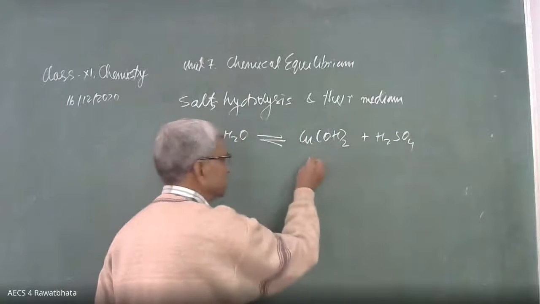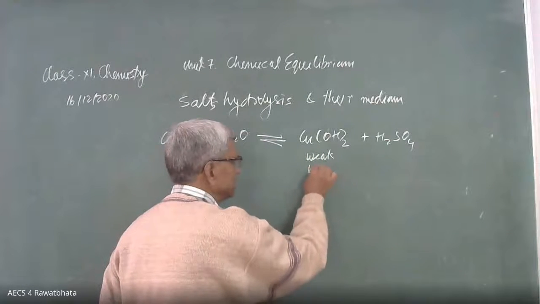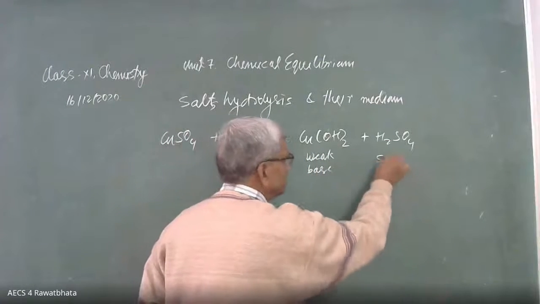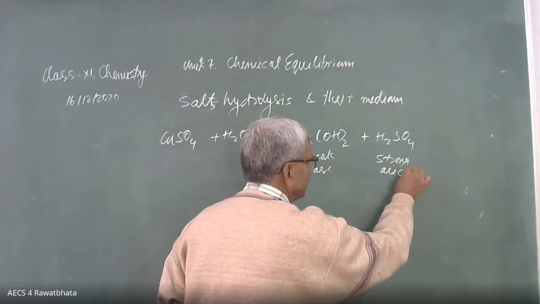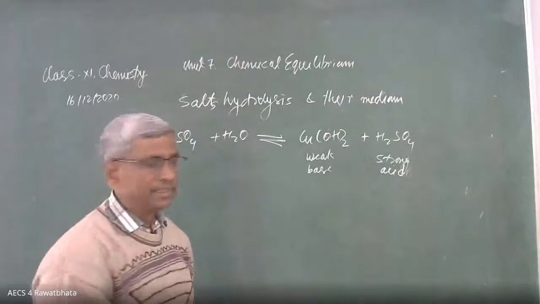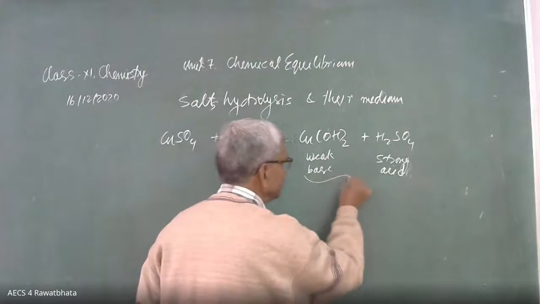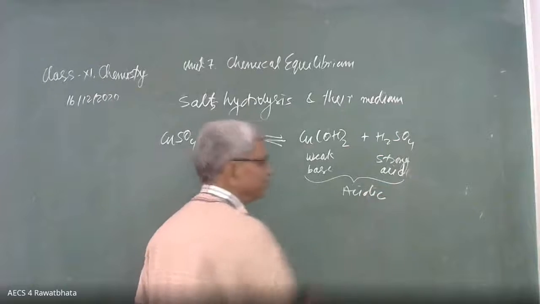This copper hydroxide is a weak base, and H2SO4 is a strong acid. That's why the medium is decided by the strong acid, and the medium of this solution will be acidic. Okay?